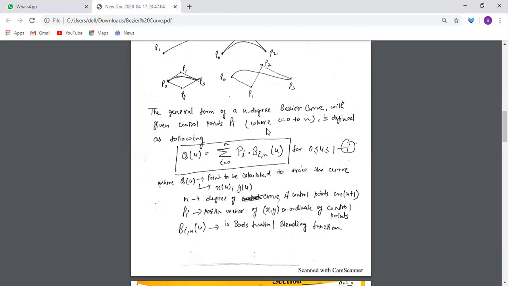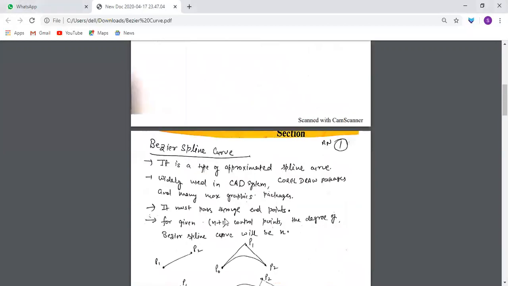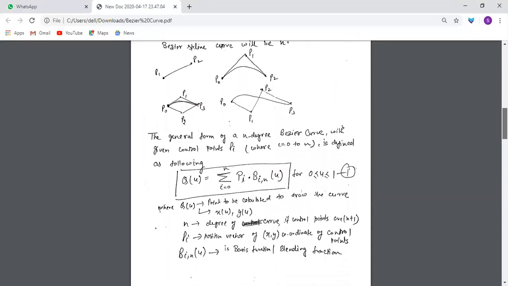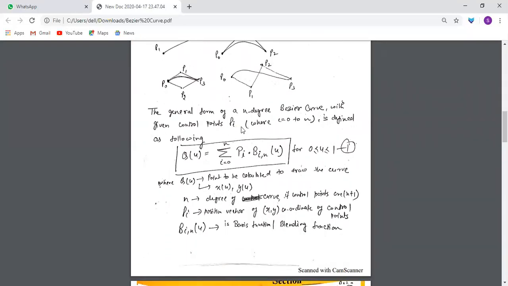So n+1 is equal to 4, and n is equal to 3. So the control points will be represented as Pi, that would range from 0 to 3. So there will be a total of 4 control points, and the degree would be 3.